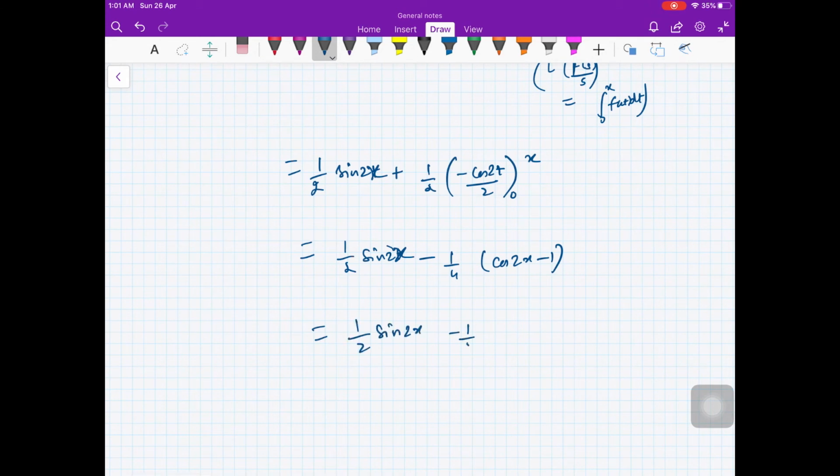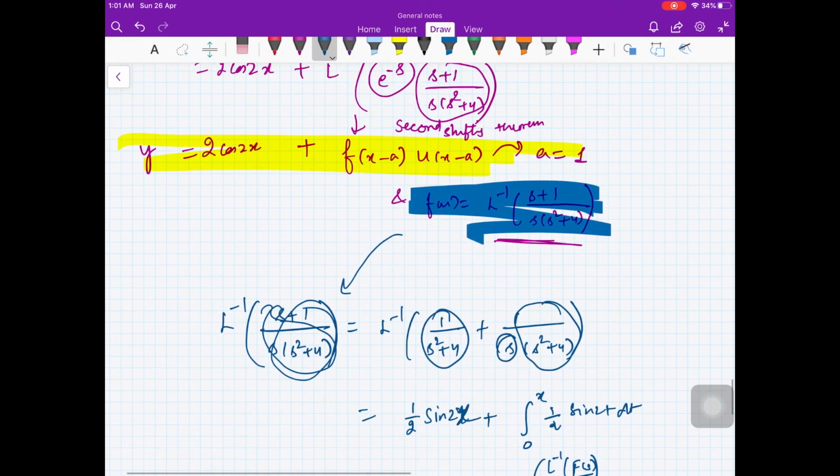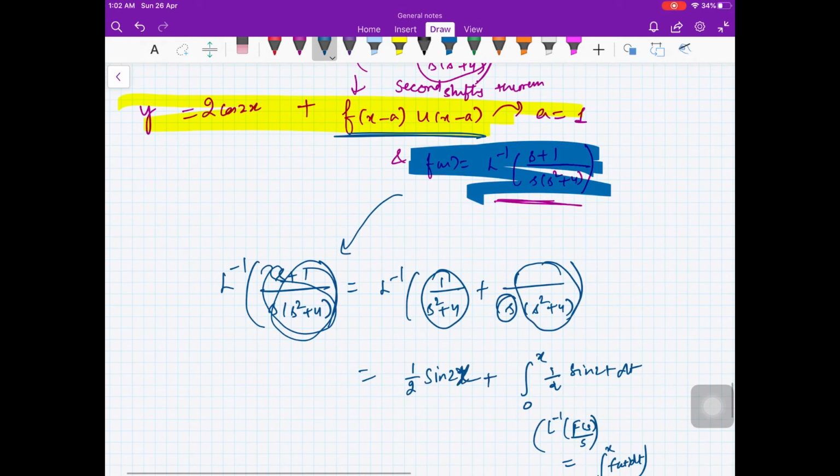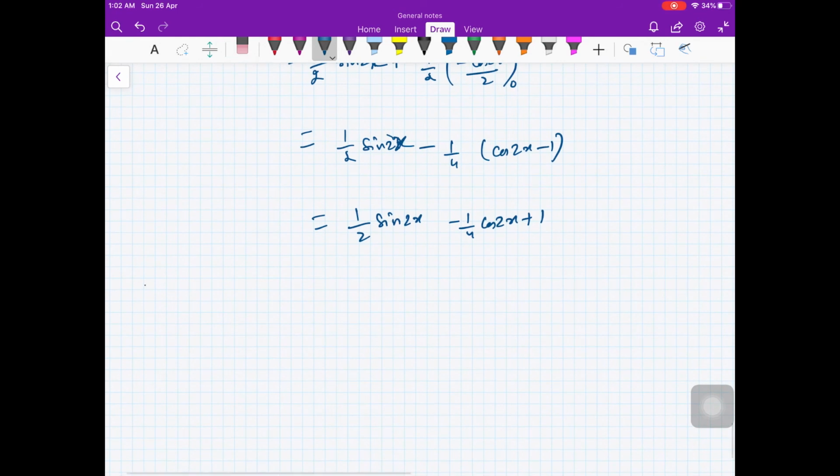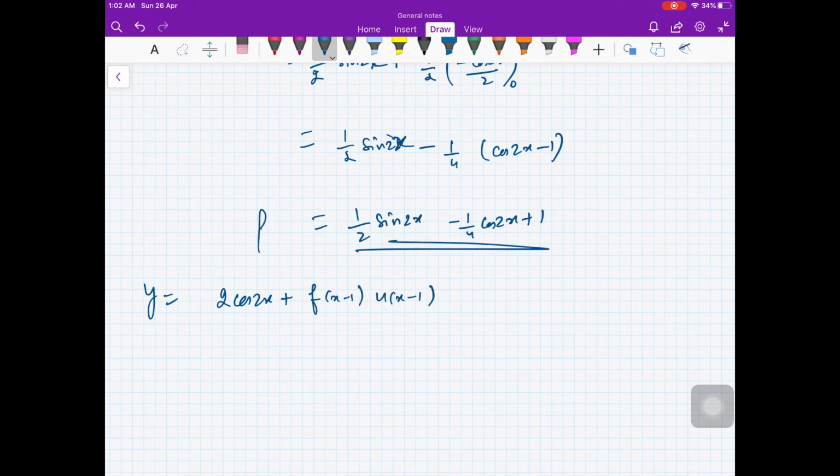So you get 1 by 2 sine 2x minus 1 by 4 cos 2x plus 1, right? Now you go back here, we want f of x minus a, right? So you had that y is equal to 2 cos 2x plus f of x minus 1 u of x minus 1, where f of x is this, right?